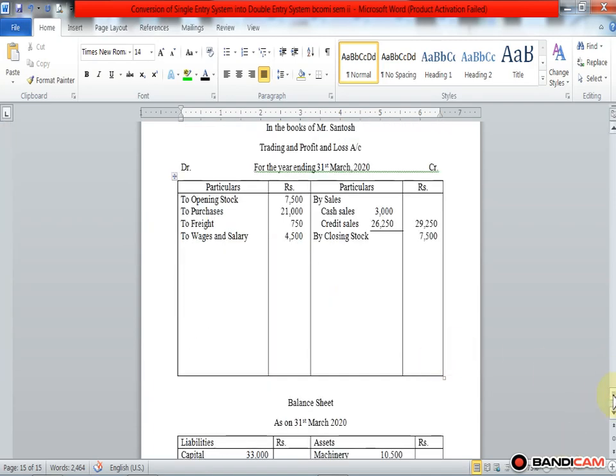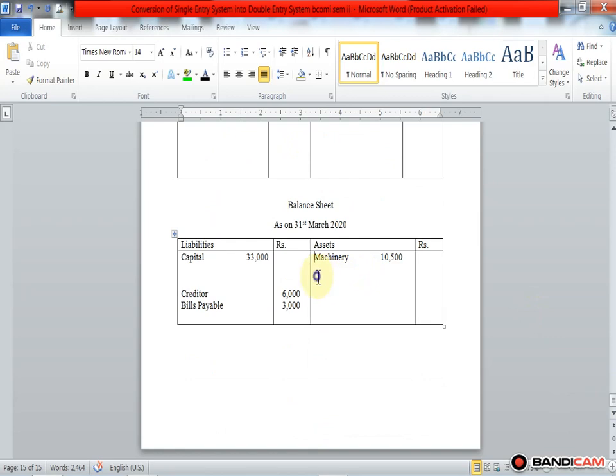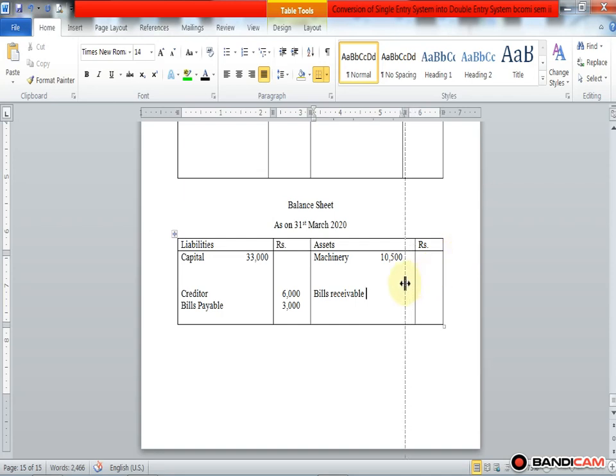Okay, only transfer the items to respective accounts. Bills receivable, and the amount is written in the outer column, that is 4500.